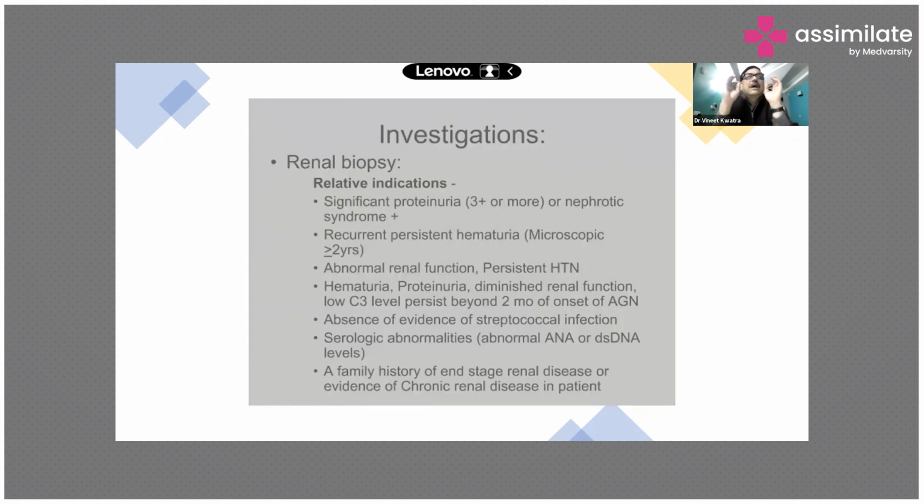So what are the relative indications or criteria for a renal biopsy? See, this may be an old slide. If anybody has a new perspective on this, I'm always happy to have inputs.